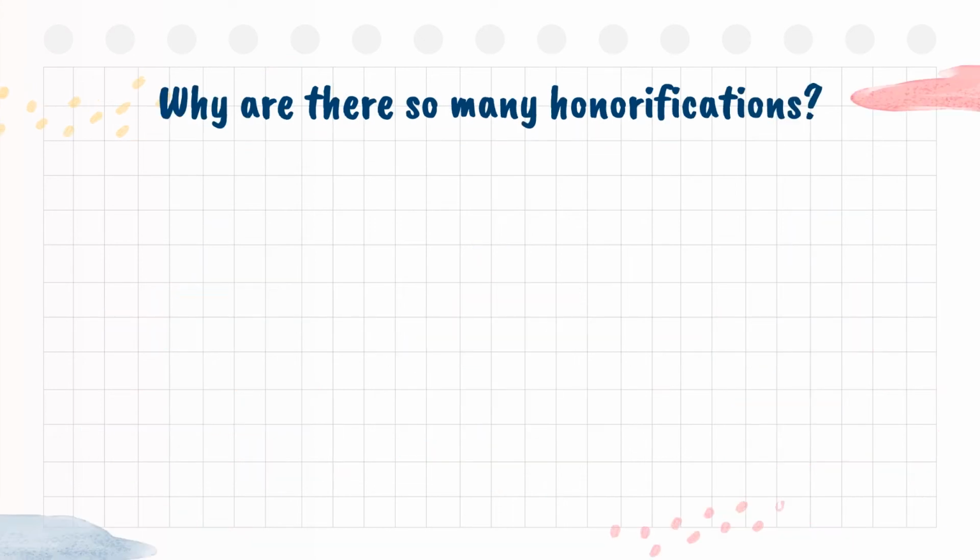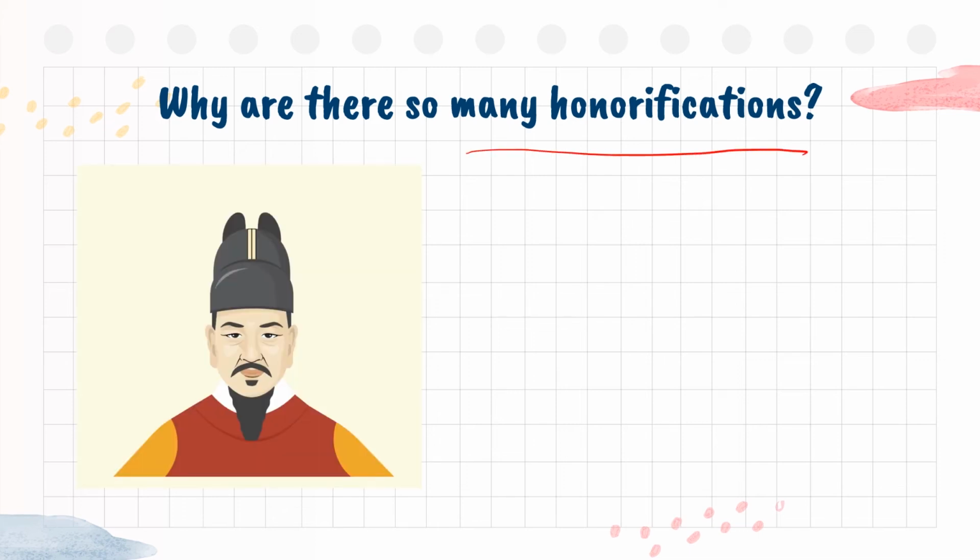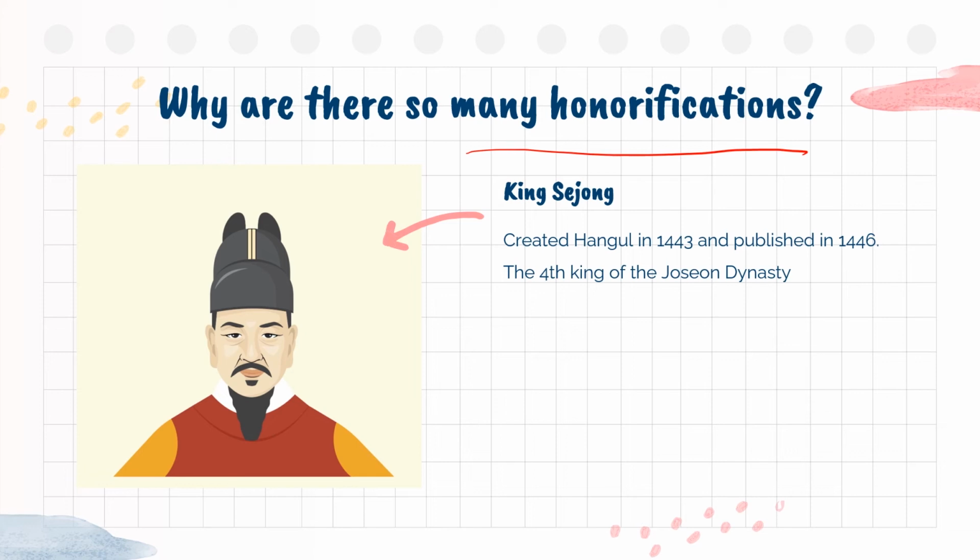Now you might wonder why we have so complicated honorific system. Let me explain why. You know who he is? If you're learning Korean, you should know him. He is the King Sejong who created Korean alphabet Hangul. He was the 4th king of the Joseon dynasty.